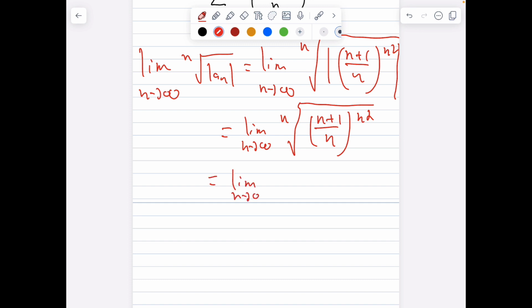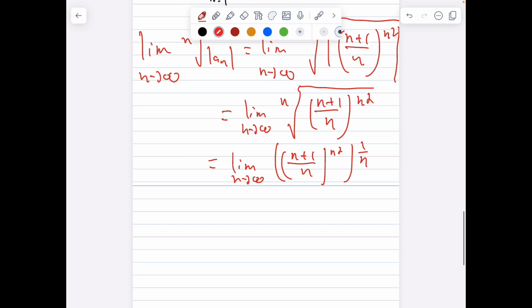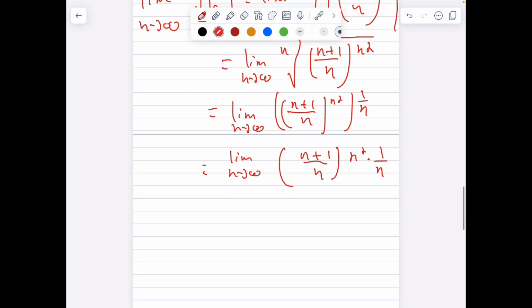So, you might say n squared and n don't cancel out so easily by just looking at it. Well, another thing you can do is this. In terms of the computation, this is like saying all raised to the 1 over n power. And I could go ahead and rewrite this as n plus 1 over n, to the n squared times 1 over n. So I'm using properties of exponents.